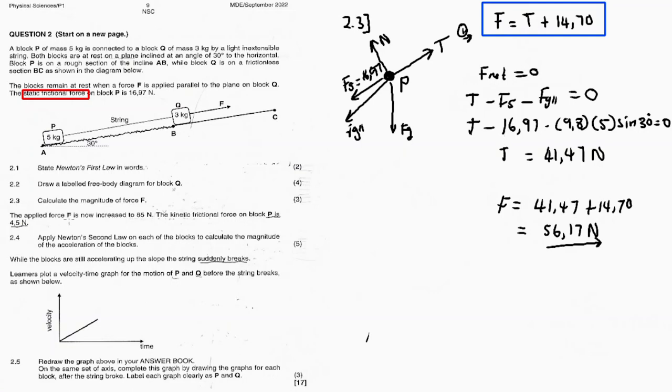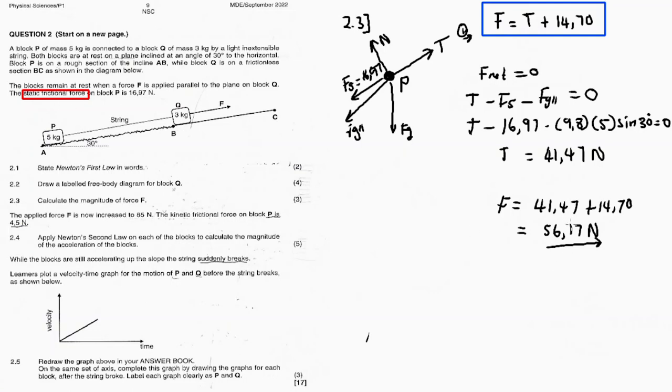The applied force F is now increased to 85 newton. The kinetic frictional force on block Q is 44.5 newton. So you see that now there's kinetic frictional force. Why? Because 85 is bigger than the required force to overcome static friction.